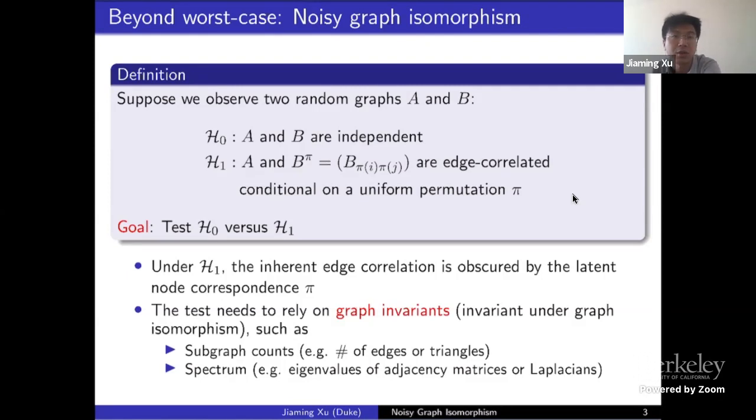So if you can show the total variation distance is, for example, 1 minus o(1), this directly implies the sum of type 1 and type 2 error is vanishing. On the other hand, if you show the total variation distance is bounded away from 1, that means you need to suffer some constant error probability for the sum of type 1 and type 2 errors. So that's the connection that I know.